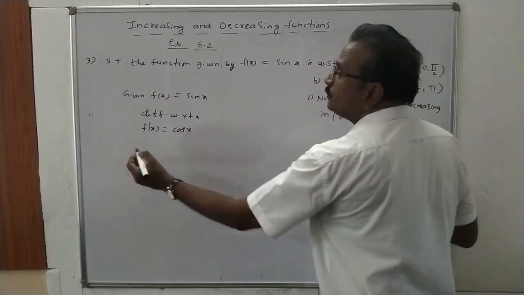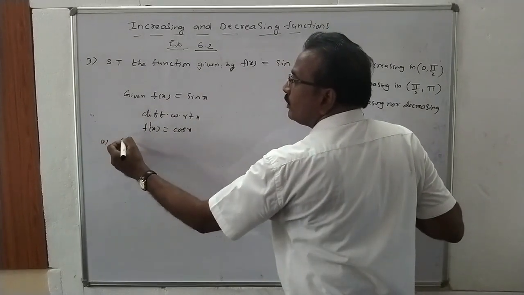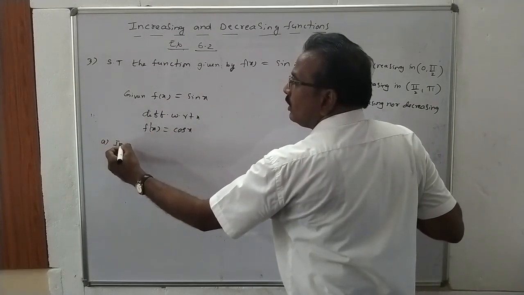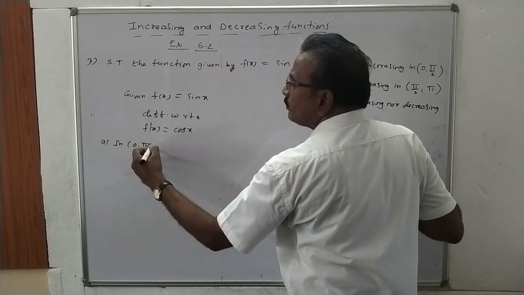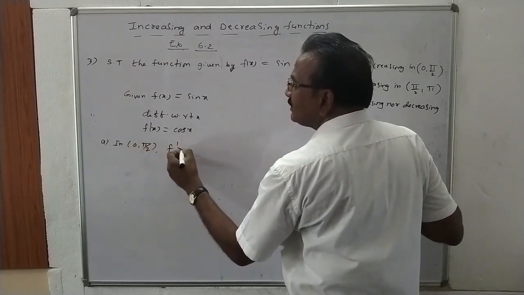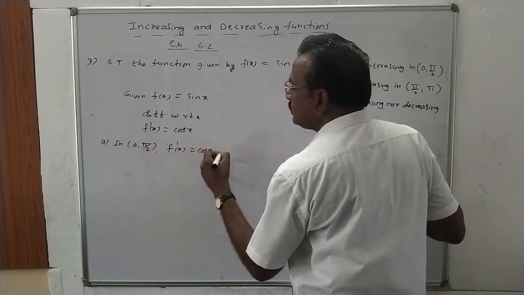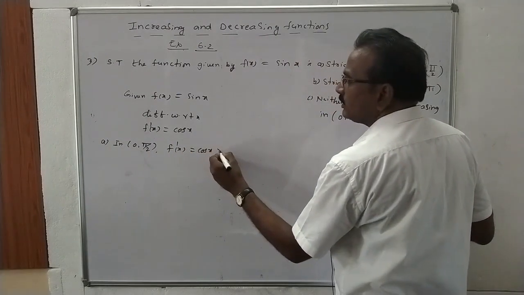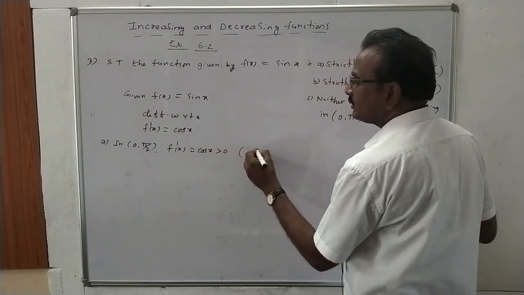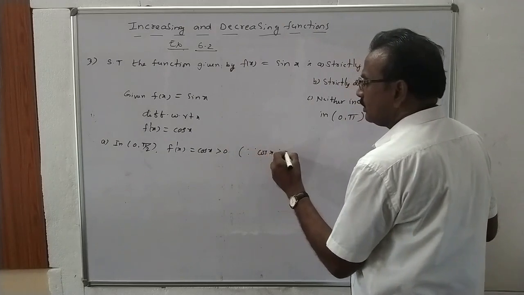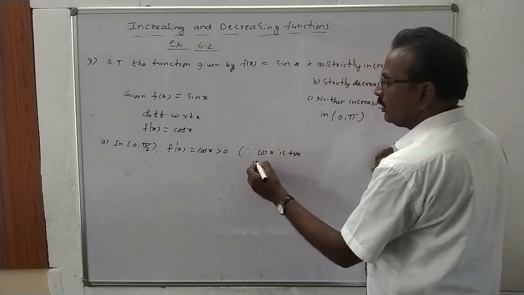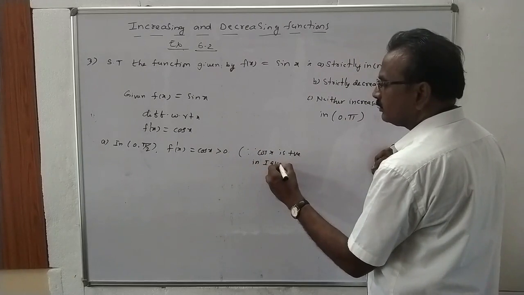In the first question, in the open interval 0 comma pi by 2, f dash x is equal to cos x. Cos x is positive or negative, which is greater than 0, since cos x is positive in first quadrant.